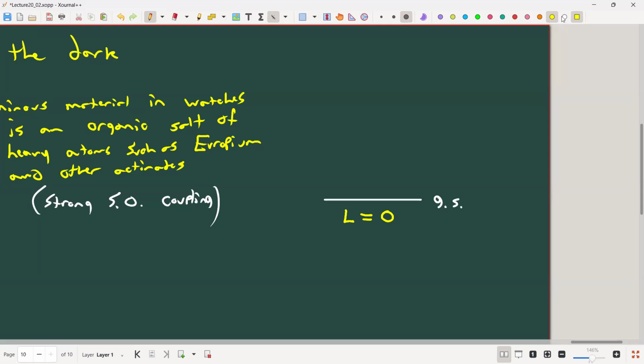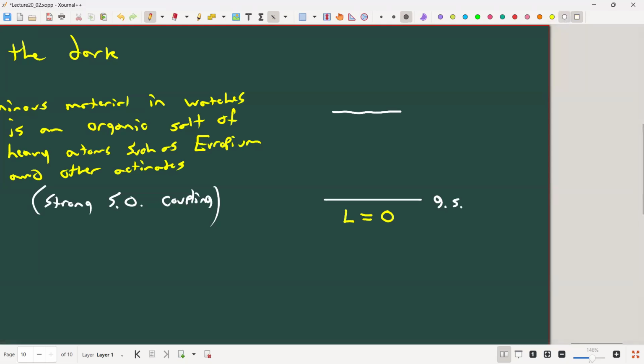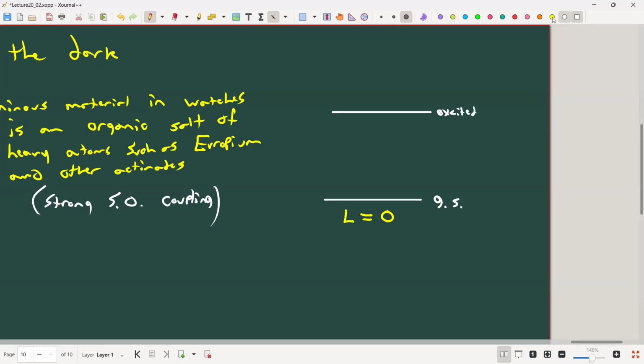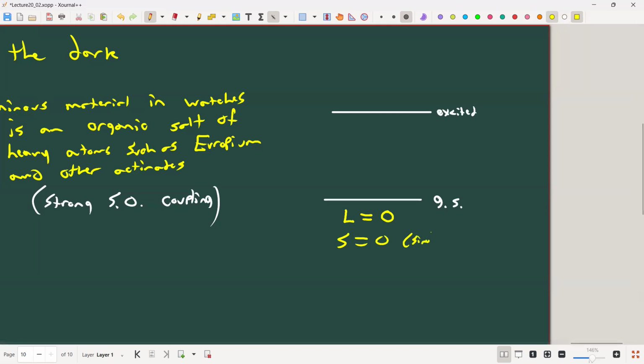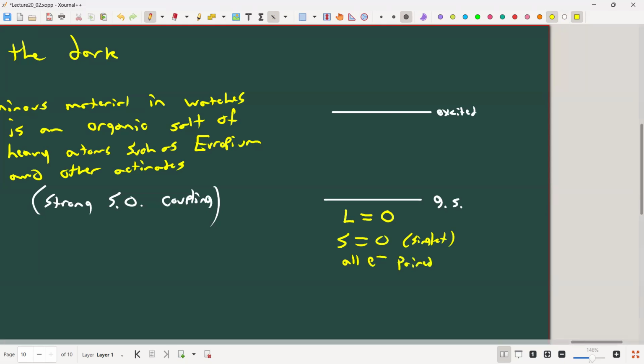Okay, so there's an excited state. And let's say that the net spin is 0, right? Because it's a singlet. So all the electrons are paired. And so you excite the state with UVA. This is, what did I say the wavelength was? 365 nanometers. The UVA light, right?